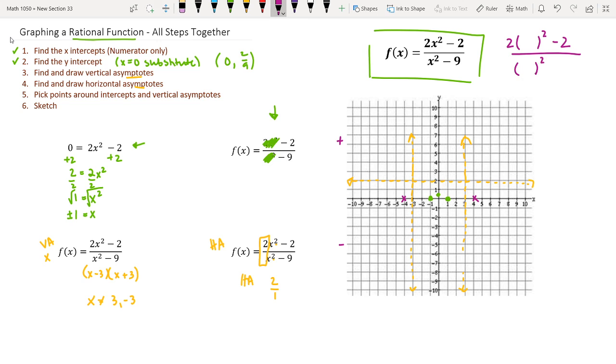I'm going to make myself a template, because if I stick in my 4 first to both, I'm going to get 4 squared is 16 times 2 is 32 minus 2 comes out at 30, and 16 minus 9 is 7. So we're going to get a positive value, about 4-ish, since 7 goes into 30 about 4 times. So we can put a point right about here.